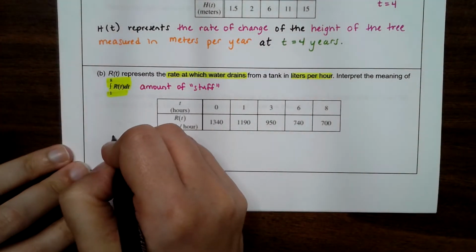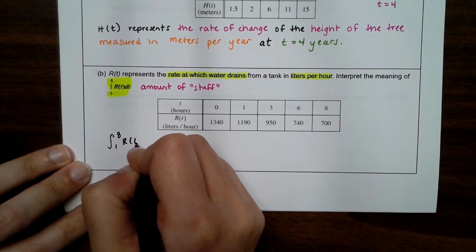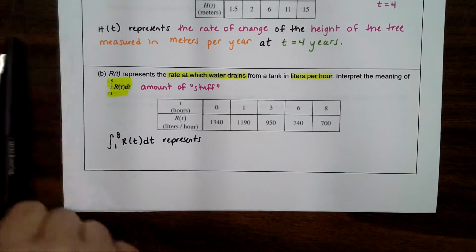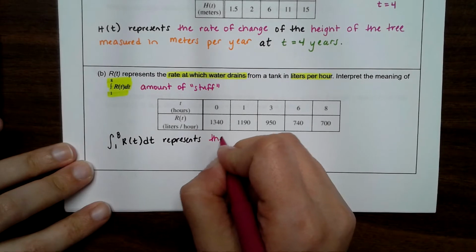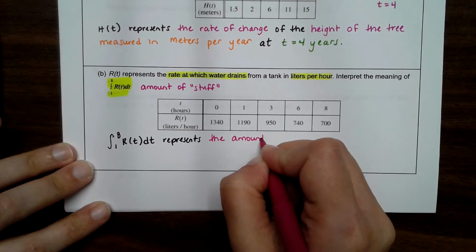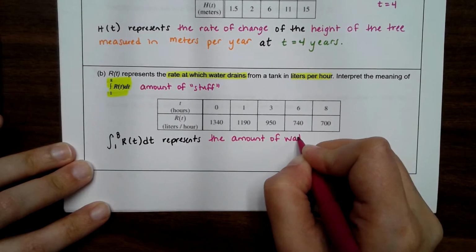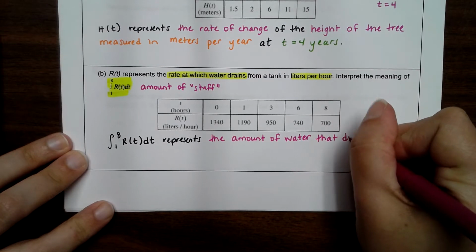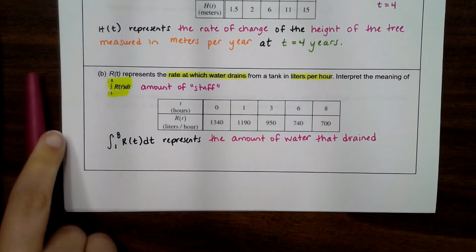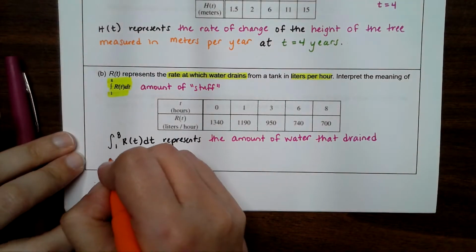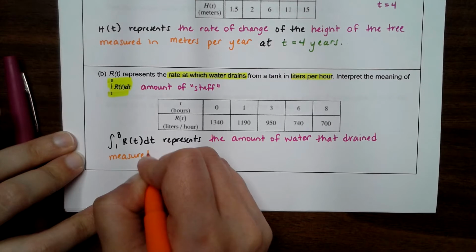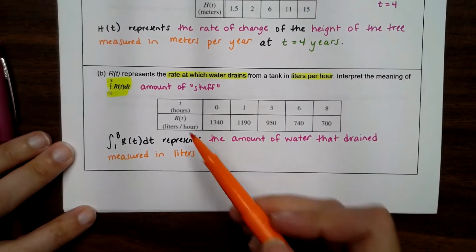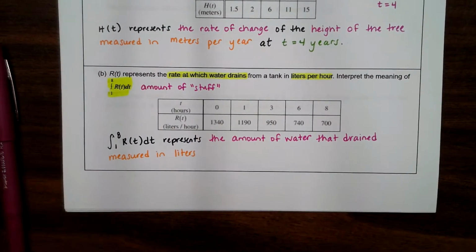So I would say the integral from 1 to 8 of r of t dt represents the amount of water that drained, and now we need units, so we're going to measure this, measured in liters, because when you integrate, you're multiplying the units, so it's liters per hour times hours is just liters.